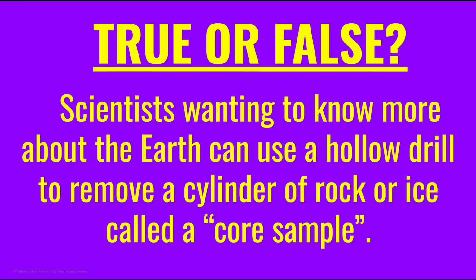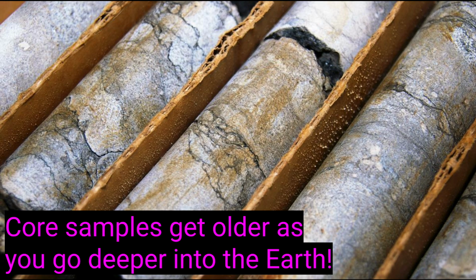Okay, now that you answered that, hopefully you knew the answer was true. A core sample is exactly that. It's a cylinder of rock or ice that we drill out of the ground, sometimes thousands of feet deep, and then we learn about Earth through these core samples. Okay, let's do our next review question. Oh, by the way, core samples you see here on the screen, they get older the deeper you go, right?